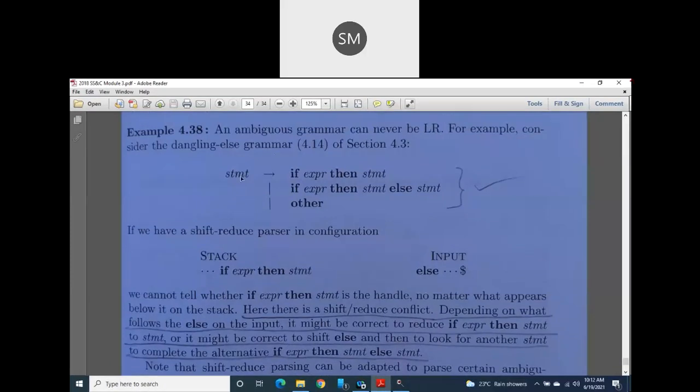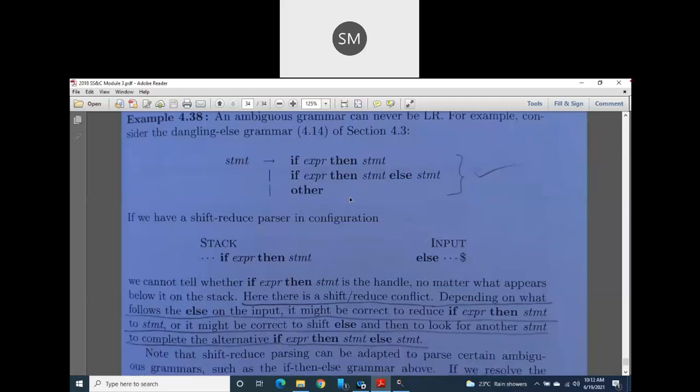Okay, so the dangling else grammar for the if else statement is this one. Correct. So here, sir, what type of confusion do we get? Simple. See, if your input statement is like this: if expression then statement else statement.